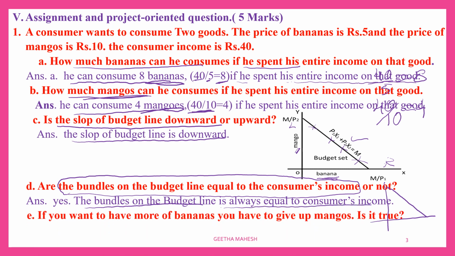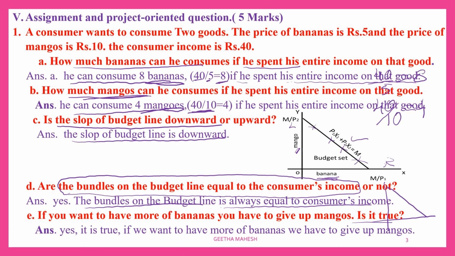If you want to have more of bananas, you have to give up mangoes. Is it true? Yes, it is true. To have more bananas you have to give up mangoes.